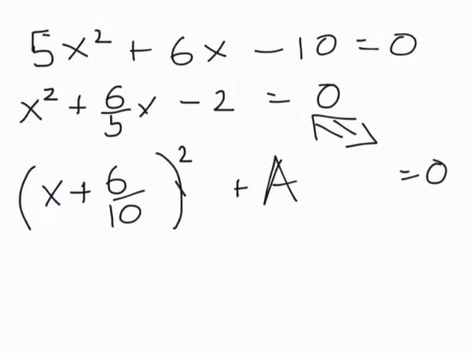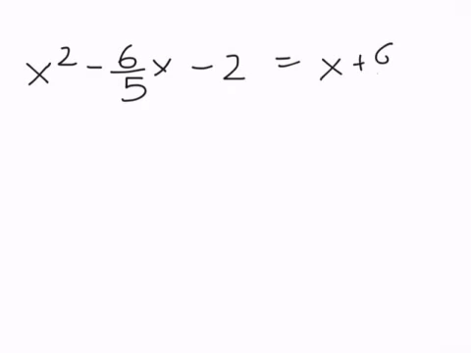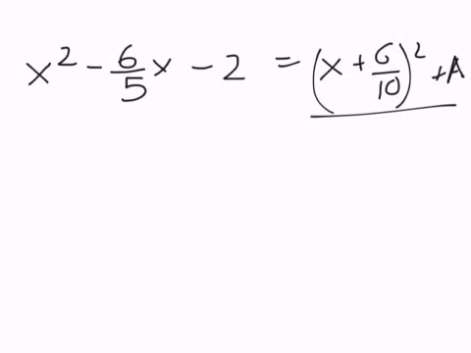I want x squared minus 6 over 5x minus 2, that's the left hand side of equation 1, to equal x plus 6 over 10 squared plus A. Well, let's try and open out the right hand side of that.